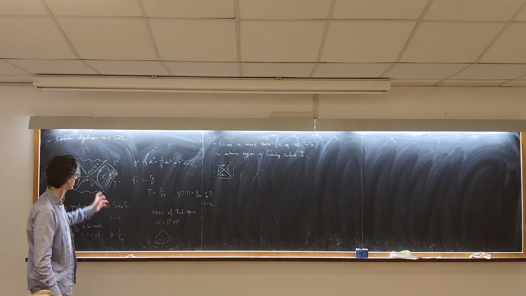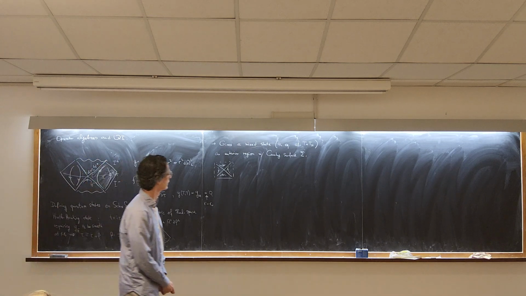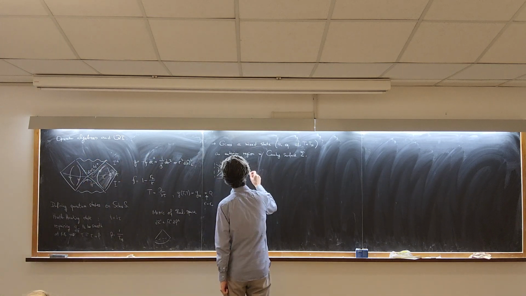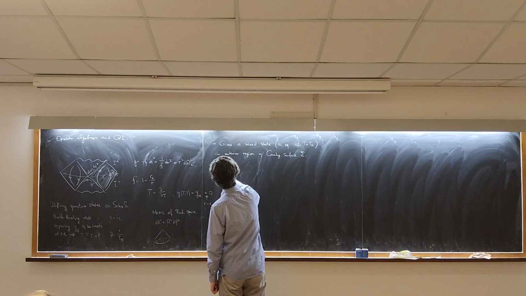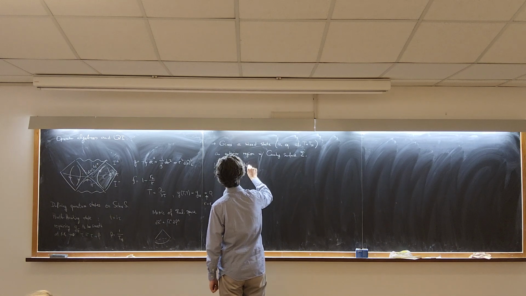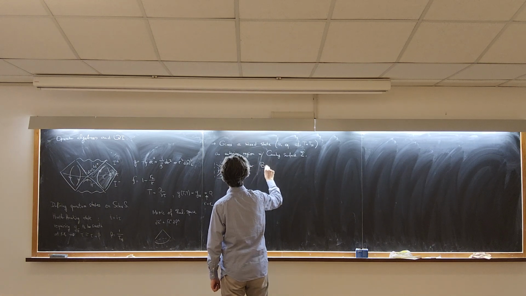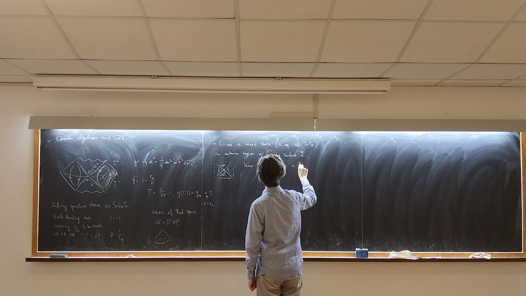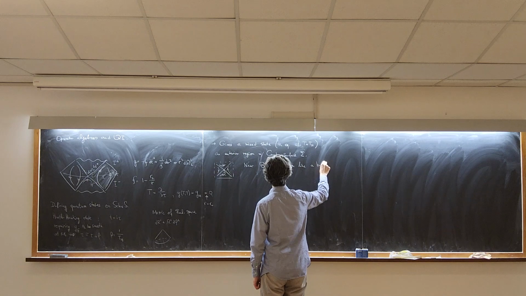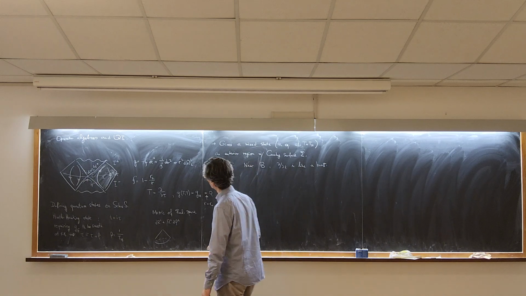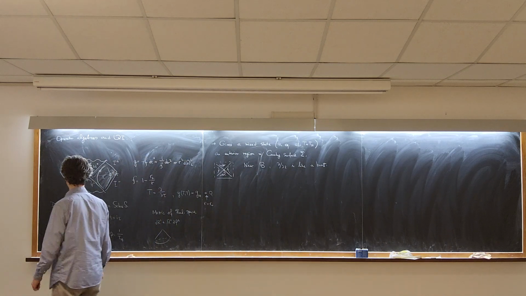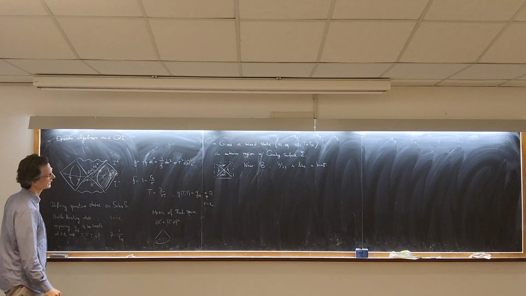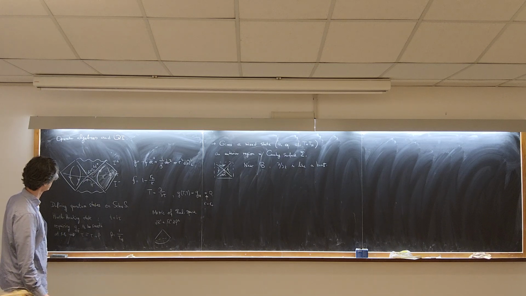But it's this kind of observation here that d by dt is locally, so this is called the bifurcation surface, d by dt is like a boost. And then you get a mixed state at the Hawking temperature.